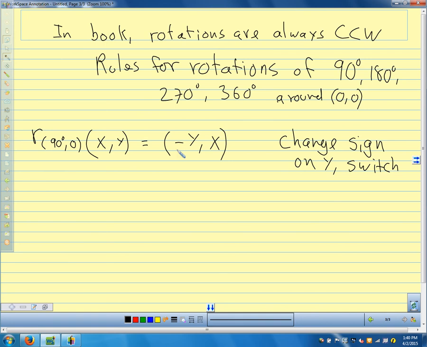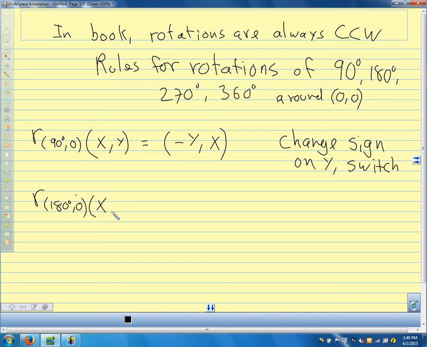So if you decide to rotate your figure in your project by 90 degrees, this is how you would figure out your new coordinate. You wouldn't have to use your protractor and measure. Saves a lot of work. Rotation of 180 degrees about the origin of our point x, y equals negative x, negative y. Got that? That's what the O means there.